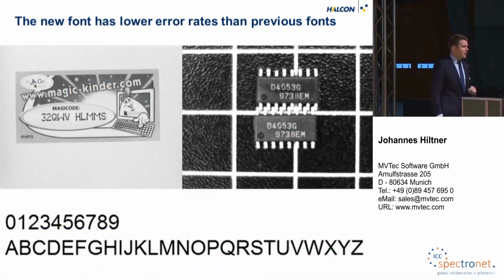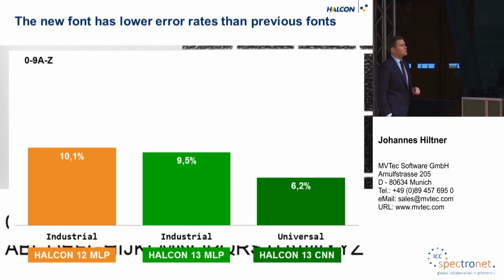When taking a closer look at digits and characters only, we are now extracting all the special characters from our test data set. With HALCON 12, with our old MLP approach, we had a wrong classification rate of 10%. With our CNN technology, we reduced that to 6.1%, which is nearly twice the recognition rate we had before.